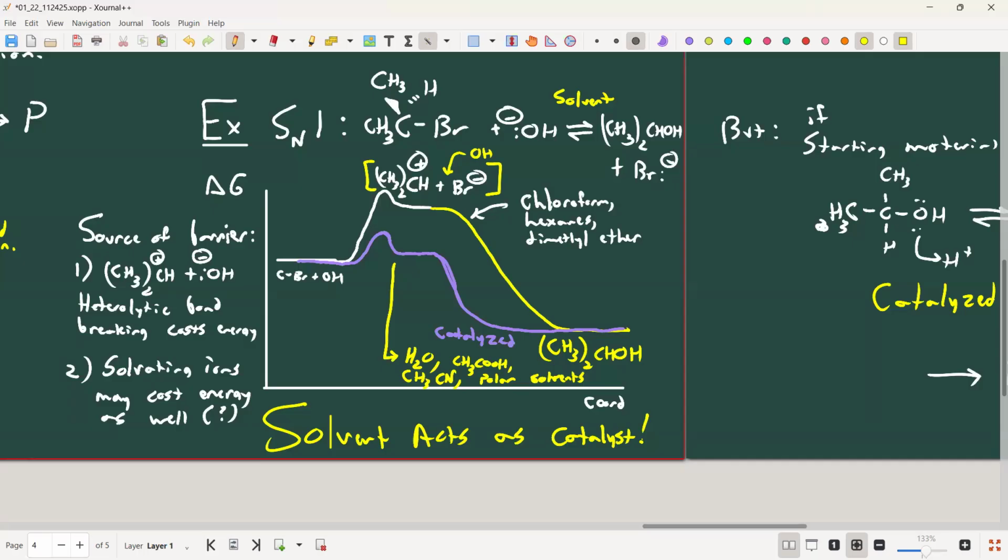A non-polar solvent, ions don't like. So this is still a form of catalysis. Even though it's not necessarily participating in the reaction, it's providing a catalytic environment. The choice of chemical environment is important. So that's an example of catalysis.